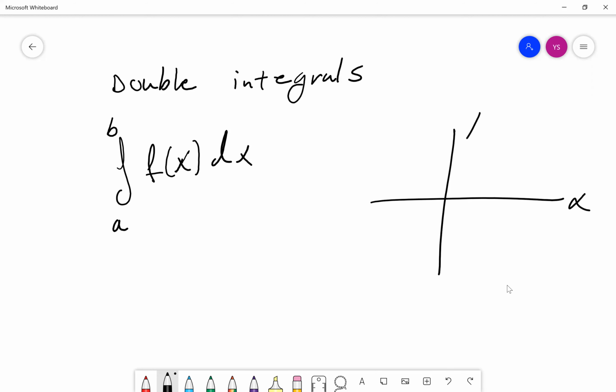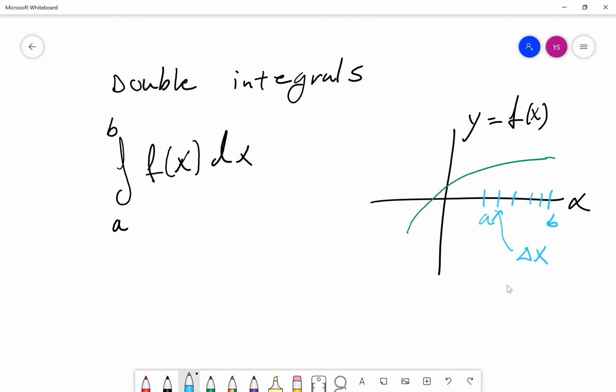Here's x, here's y, which is equal to f of x. We have some curve. We take the x-axis from a to b, and we break it up into pieces, and these are delta x's.